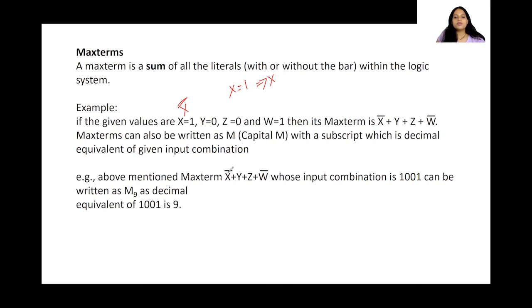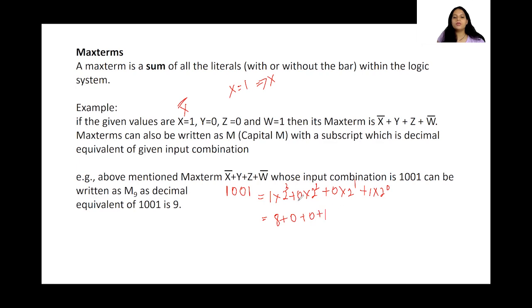Now, since x is x bar, x bar means it is 1. This is 0, 0, and wherever there is a bar, it is equal to 1. Now, how do we convert it into decimal? 1 into 2 plus 0 into 2 plus 0 into 2 plus 1 into 2, with powers 0, 1, 2, 3. This is nothing but 8 plus 0 plus 0 plus 1.